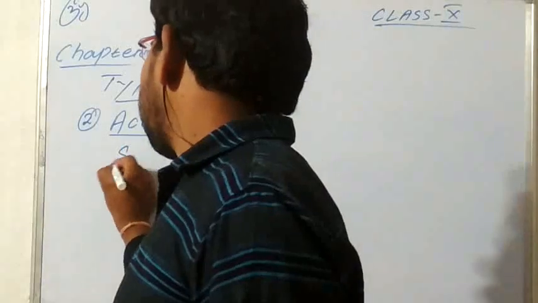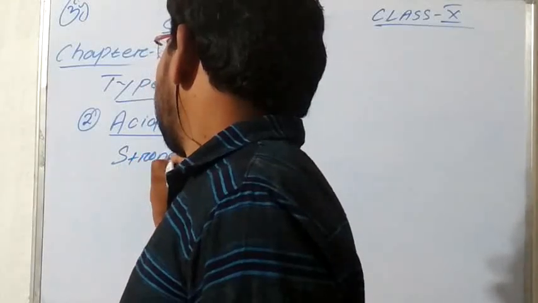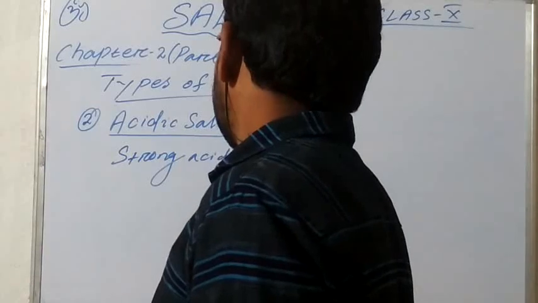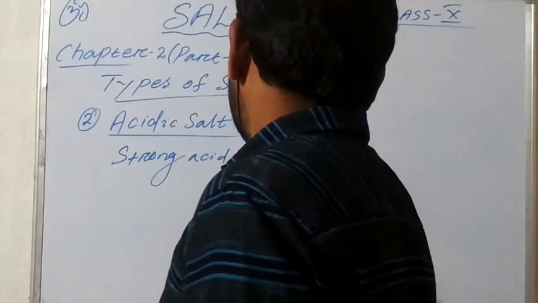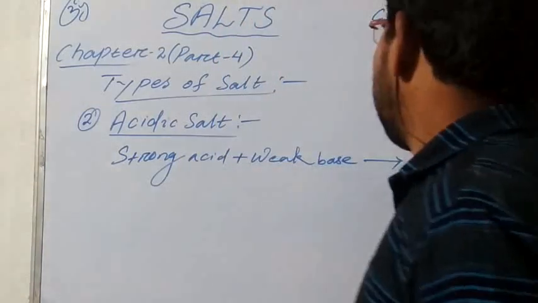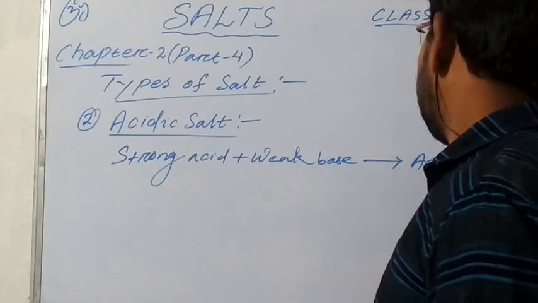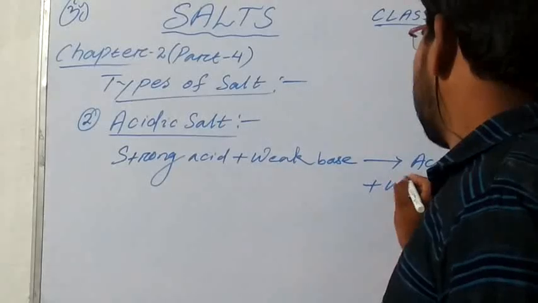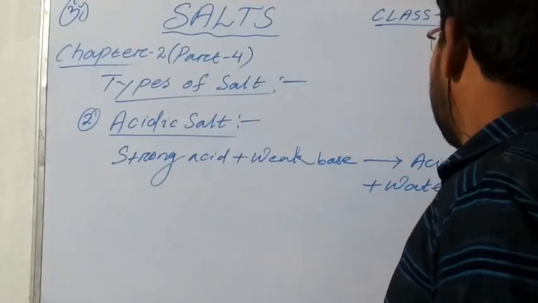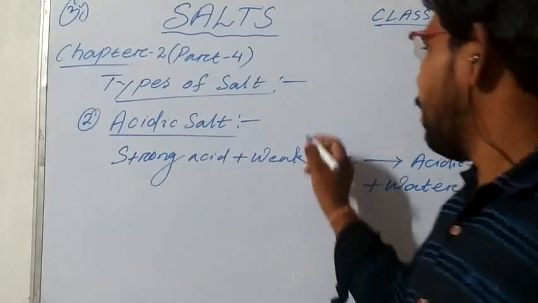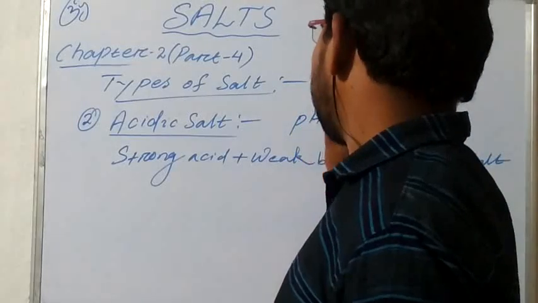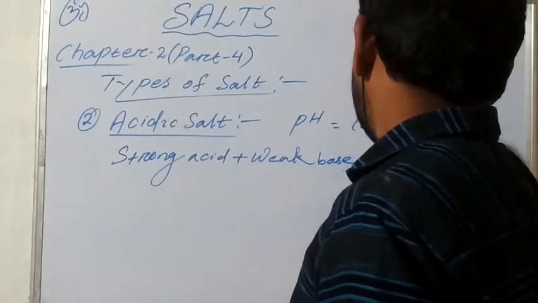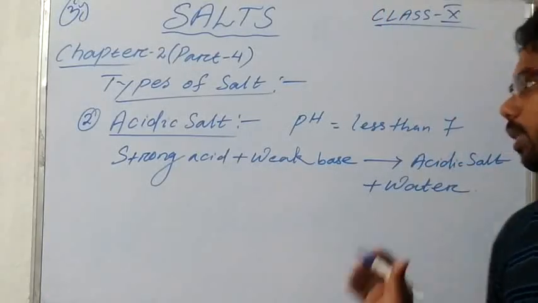A strong acid reacts with a weak base to form acidic salt plus water. The pH of acidic salt is less than 7. पH 7 से कम होता है.